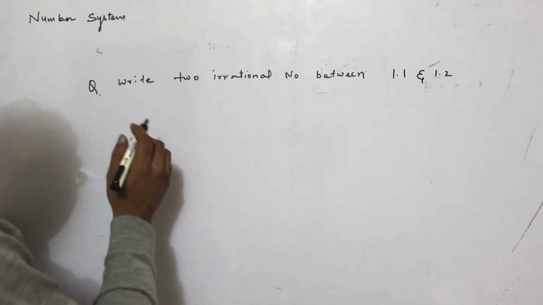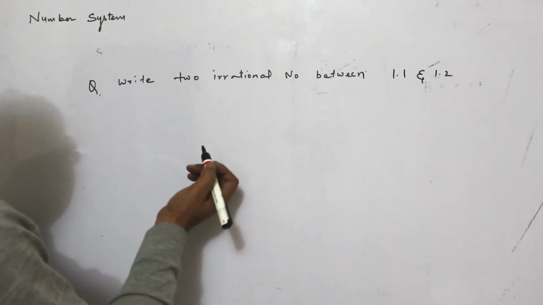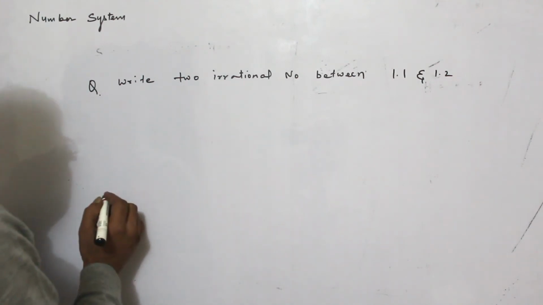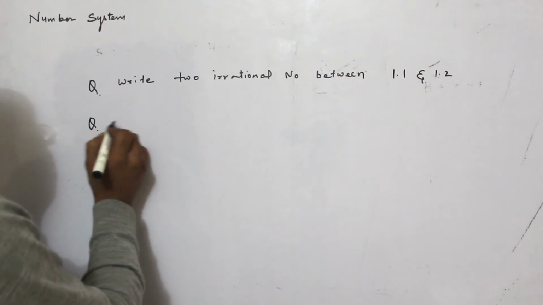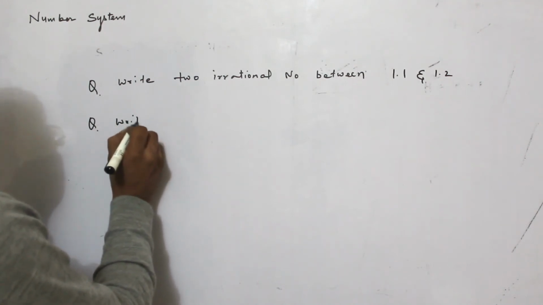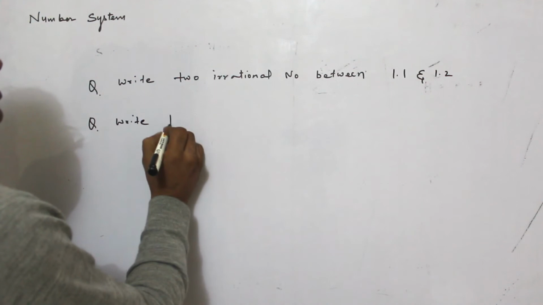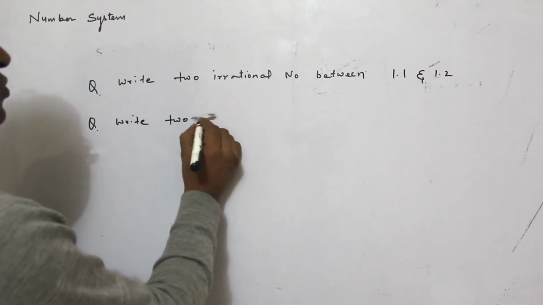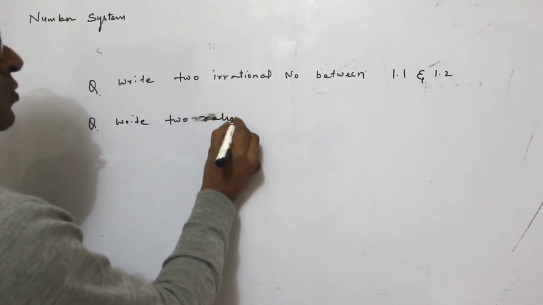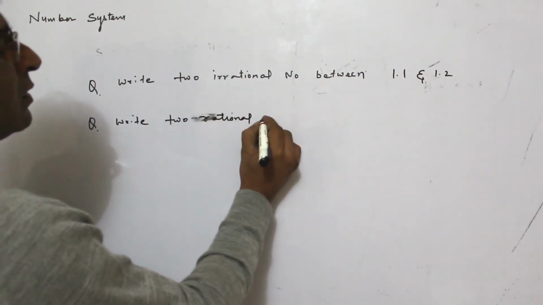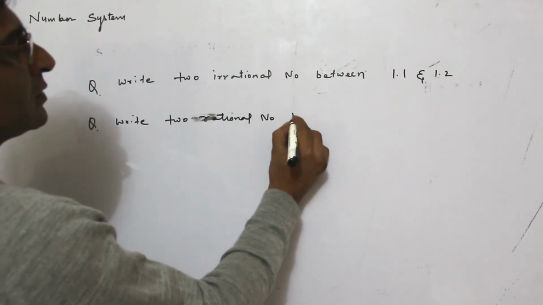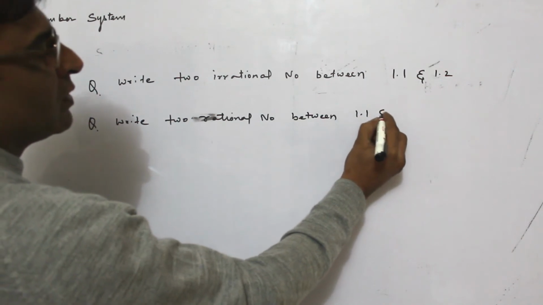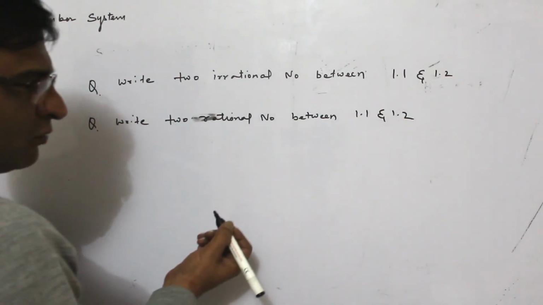Easily we can write rational numbers. Suppose first I make one more question, write two rational numbers between 1.1 and 1.2. Very easy.